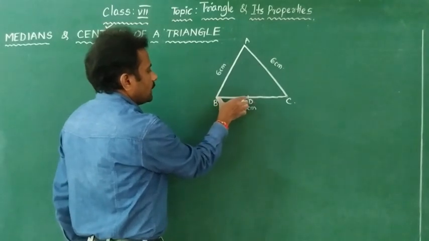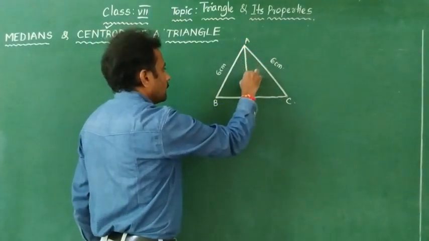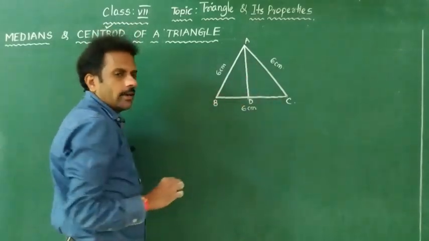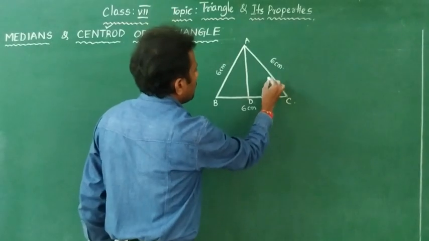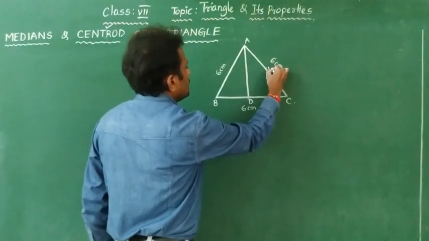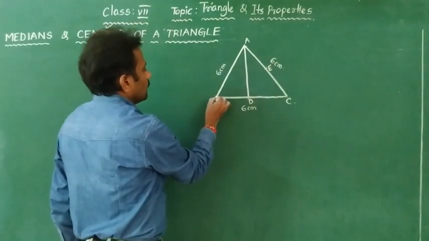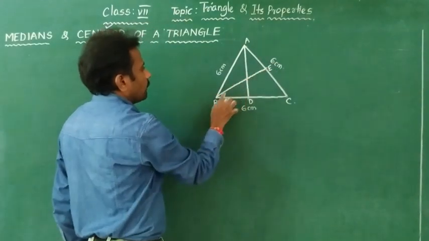So now BD is 3 centimeters, CD also 3 centimeters. Let us join this. Now AD is called a median according to the median definition. Now the midpoint of AC, let me take here, that is point E. Now if we join B and E, BE is the median of AC.